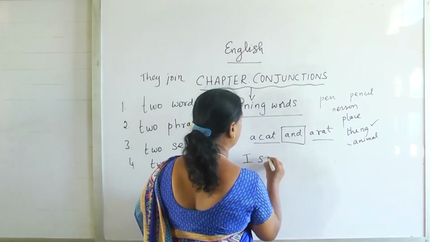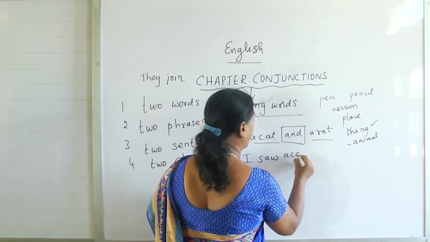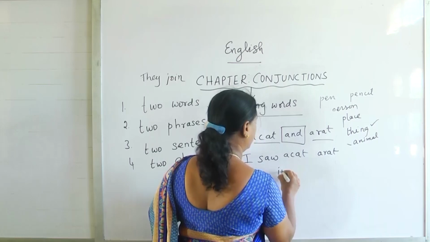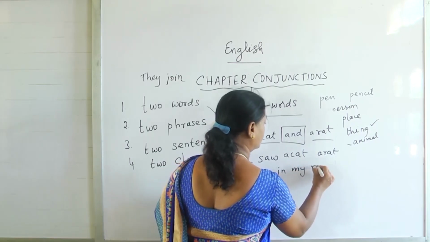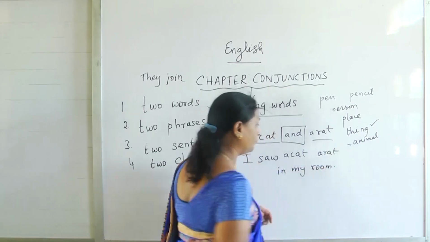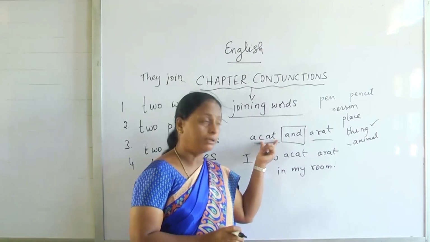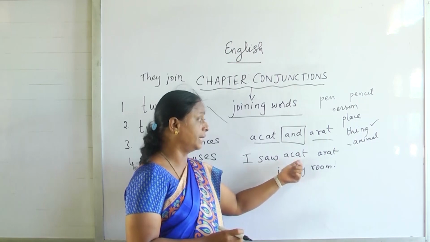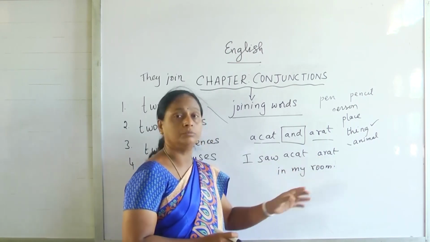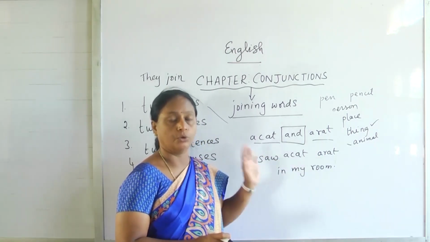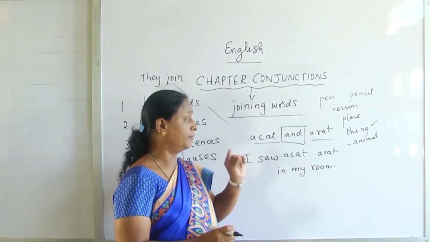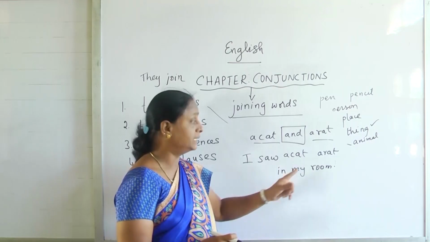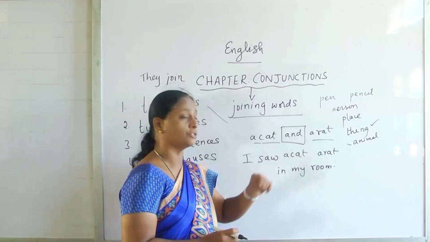I saw a cat, a rat in my room. Cat is one animal, rat is one animal. Now see my sentence. I saw a cat, a rat in my room. Is it correct? No, it is not correct. I have mentioned two animals, two words in my sentence. I need a conjunction to join these two.